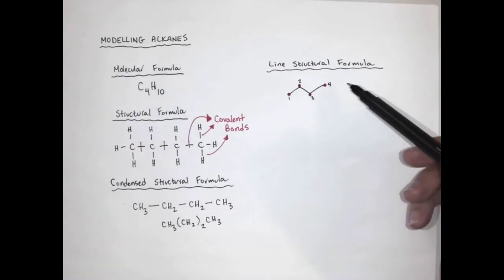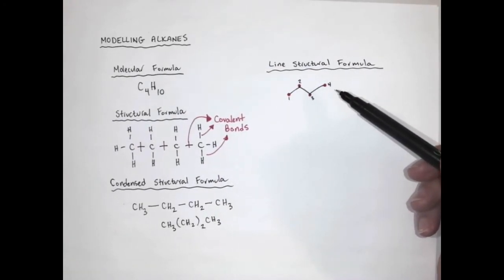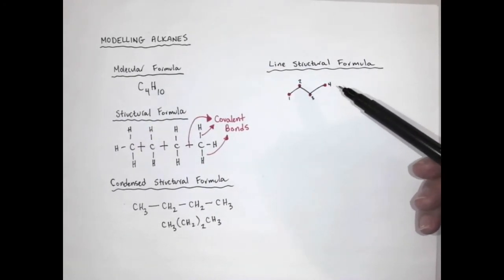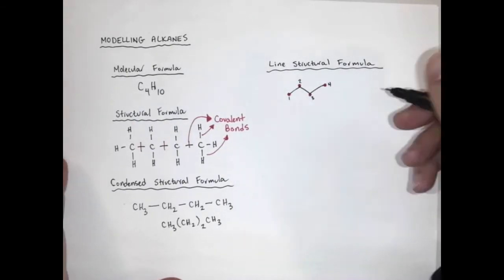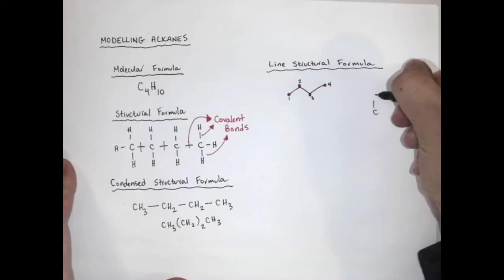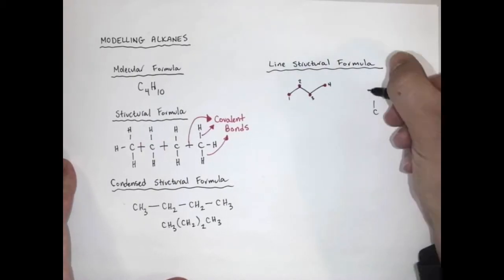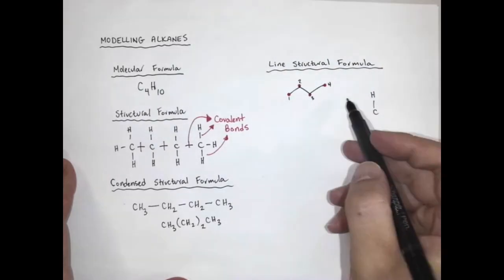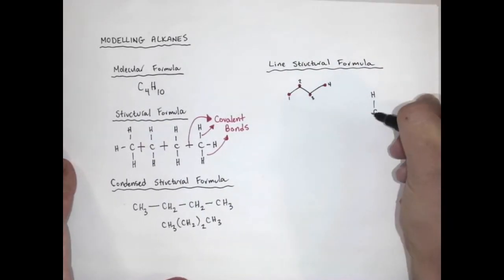The other cool thing about the line structural formula is that it tells us a little bit more about its geometry too. A carbon in this molecule here is going to have one bond to, let's say, hydrogen. I'm going to do the one on the end here, like carbon 1. It's going to have a bond to hydrogen.